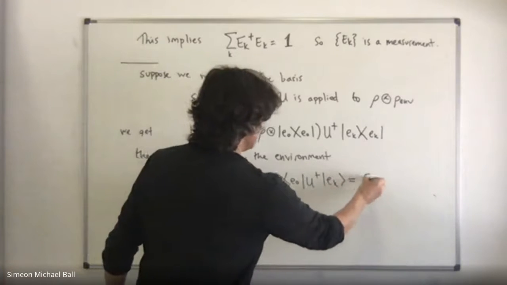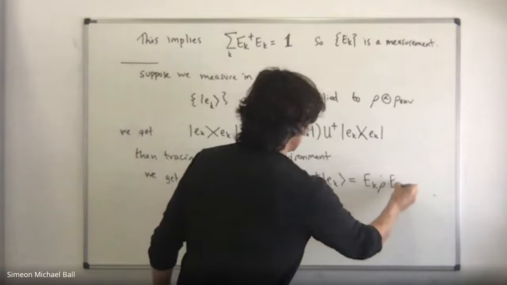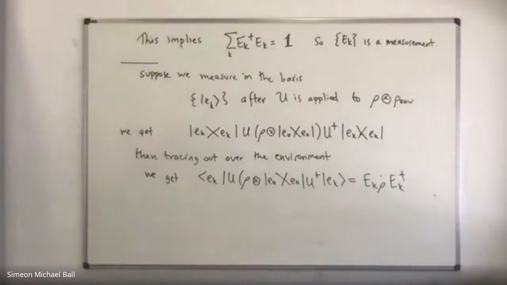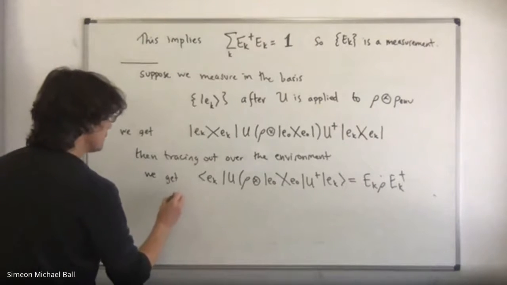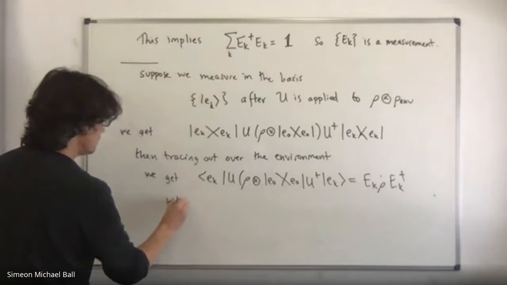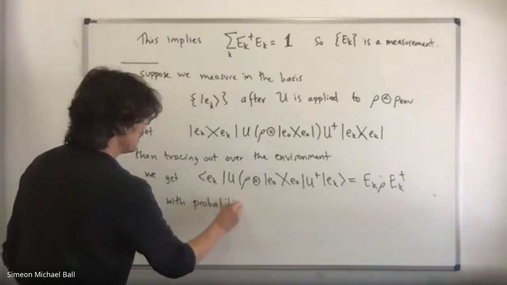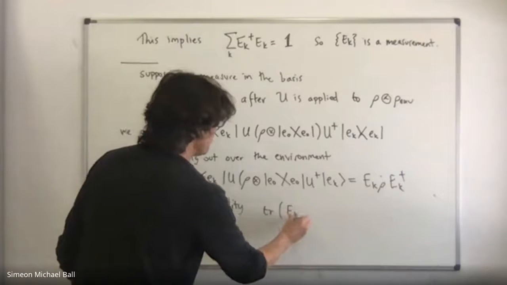Which was precisely the rho k with probability. And the probability, if you remember, would be what you get left with, which is this.